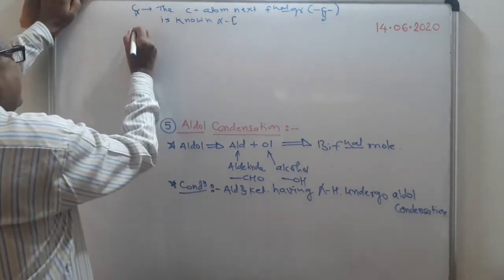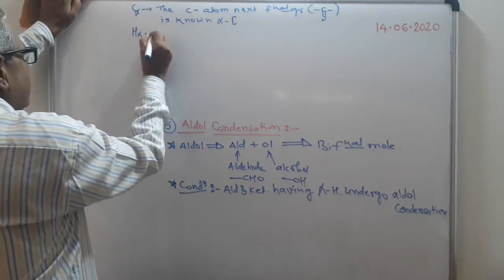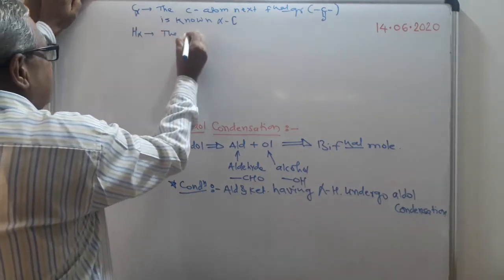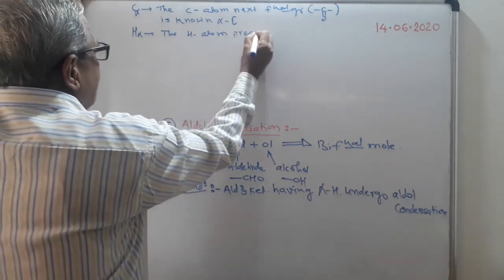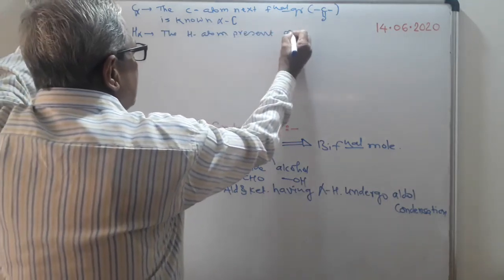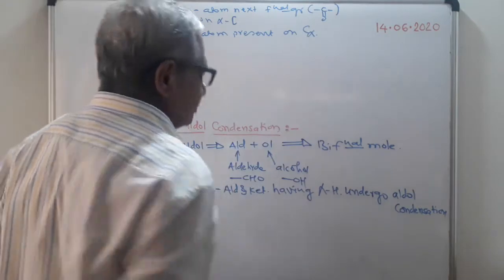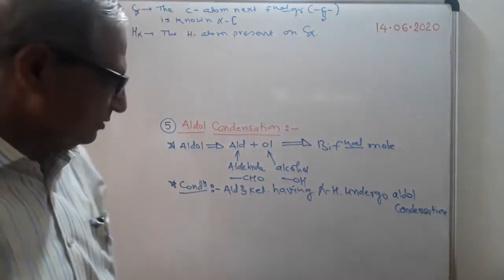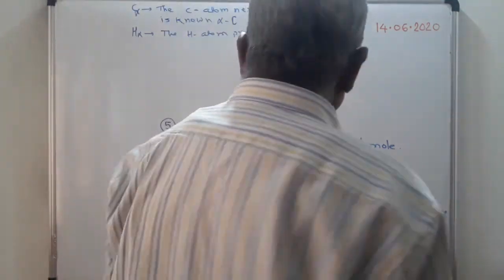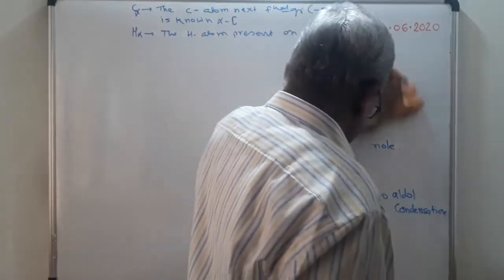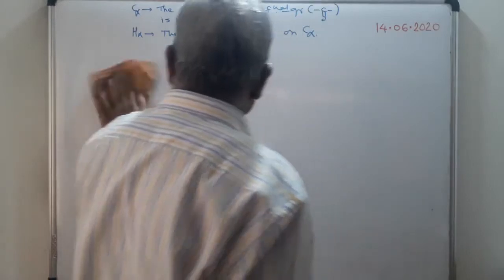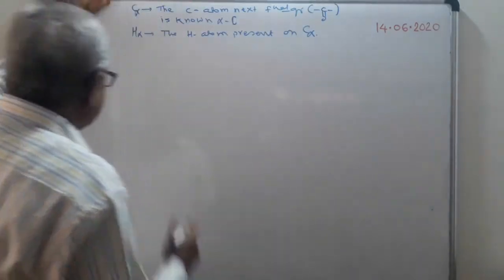Now I will explain the alpha hydrogen atom. The hydrogen atom present on alpha carbon is known as alpha hydrogen. So see the examples here, examples of the alpha carbon.